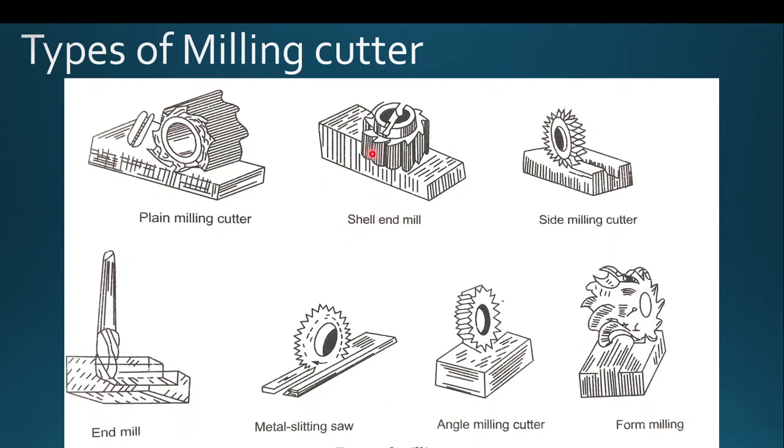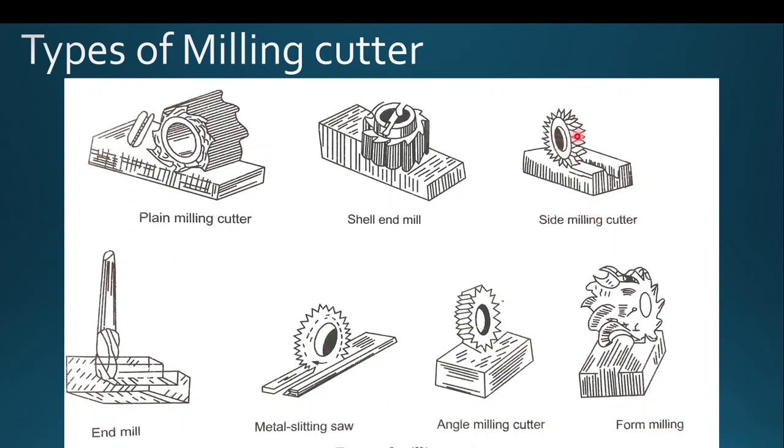This is the sideways way we can perform the milling, and here the surface to be produced is perpendicular to the axis of rotation of your tool. But in the previous case the flat surface is parallel to the axis of rotation of the milling cutter. And this one is the side milling cutter.